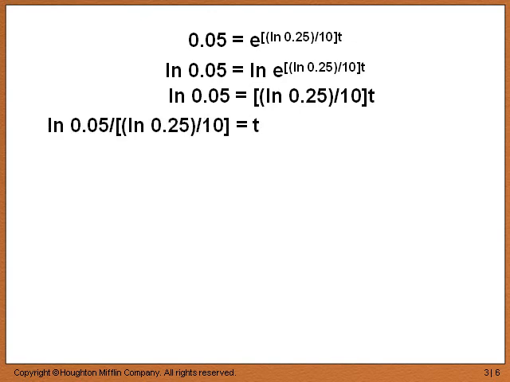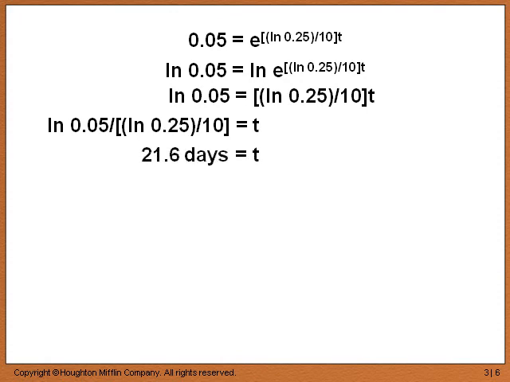Finally, we divide both sides by that quantity in brackets, which is basically our b, and we end up with something that we can just evaluate on our calculator.